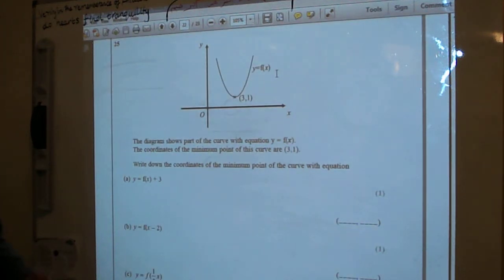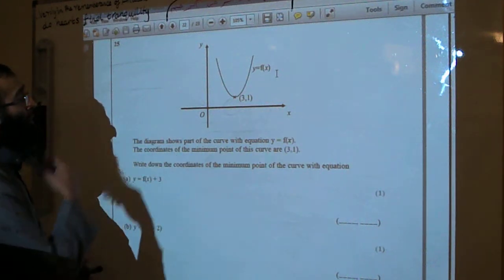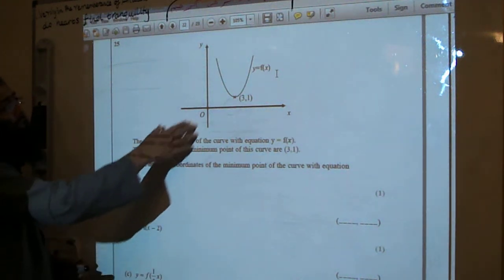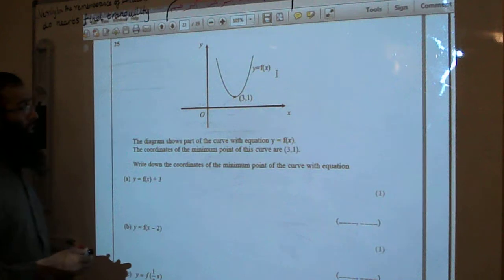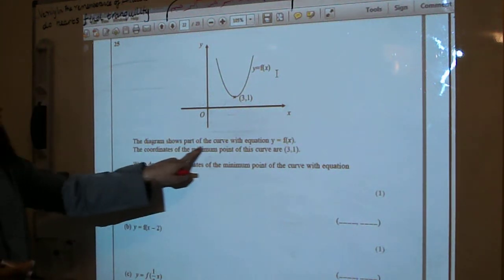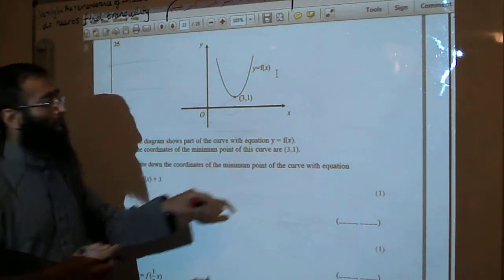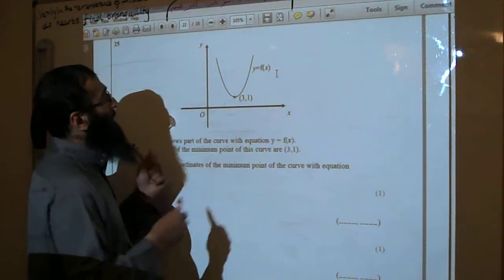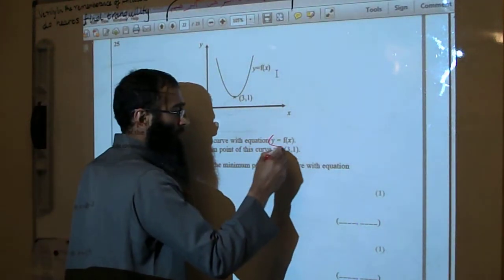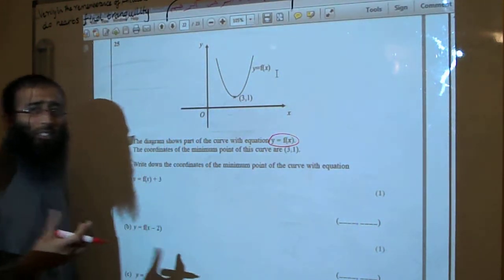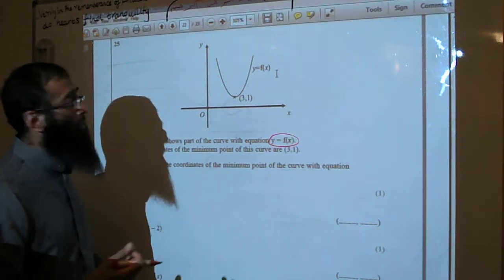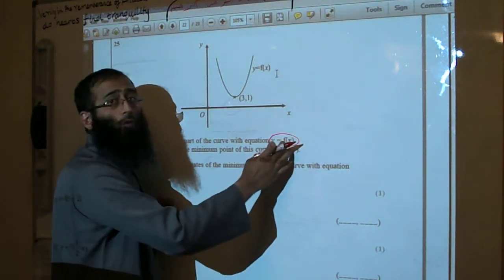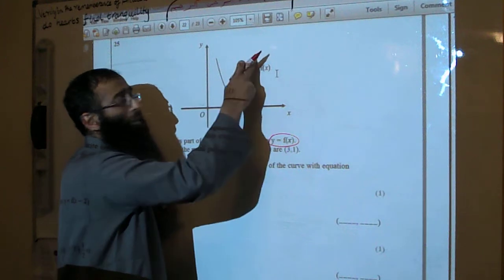Now this question is a very important question. We have here transformations of functions. The diagram shows part of the curve with equation y equals f of x. Again, as I mentioned in the previous videos, y equals f of x is a generic way of saying a function. So y equals f of x could be referring to, in this case, a quadratic function.